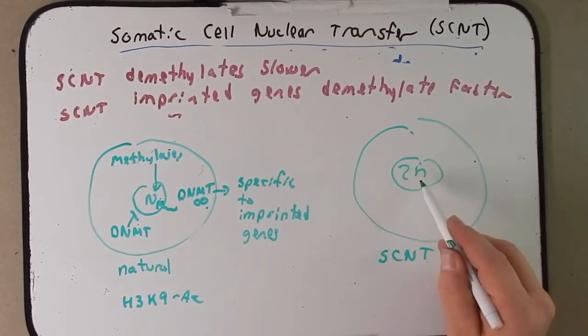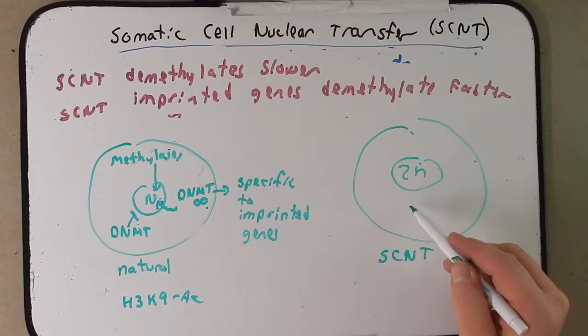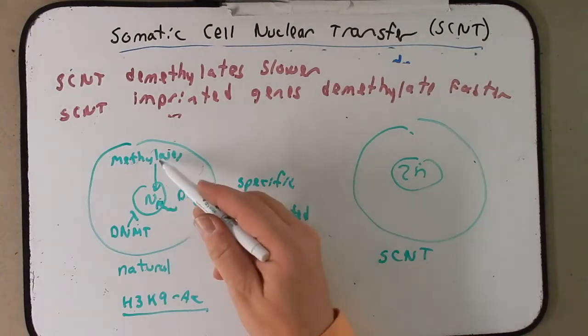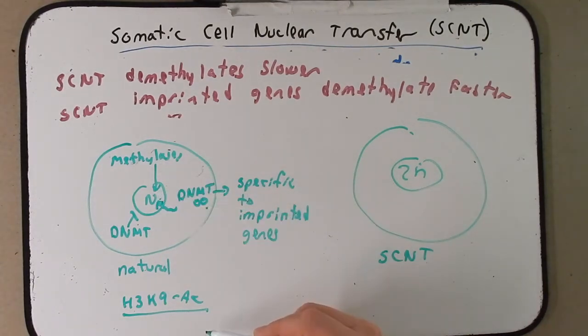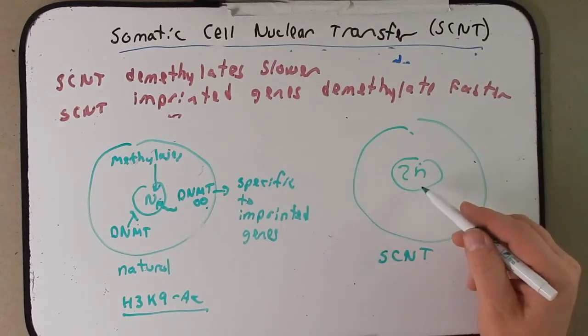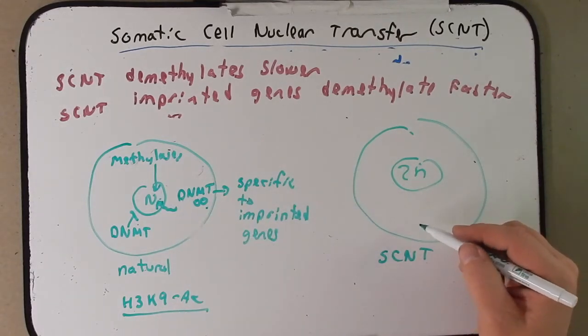In fact, the sperm, when it comes in here, that DNA uses the maternal H3K9 acetylated histones that are in the cytoplasm. What this does is it opens up that DNA, not for transcription, but so that methylases can come in here to demethylate the DNA. So over here, that's not happening, or at least not as efficiently.